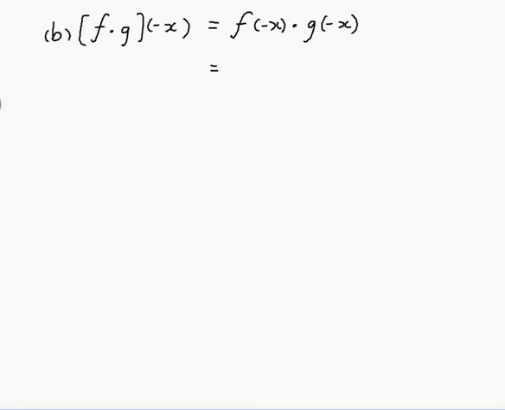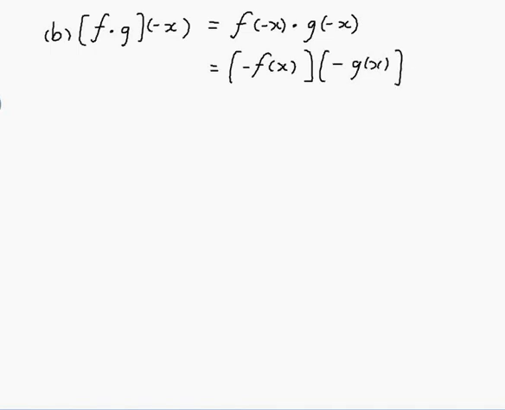What about part B, which was f times g? Well, again, to decide if it's odd or even, I need to see what happens when I put minus x into it. So f times g of minus x would be f of minus x times g of minus x. And I can bring the minus sign out the front of f of x because it's odd, and I can bring the minus sign out the front of g of x because it's odd.